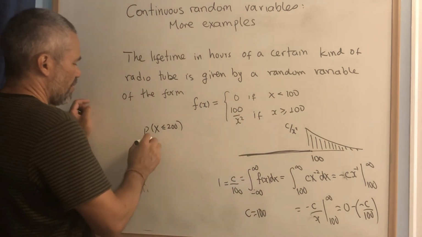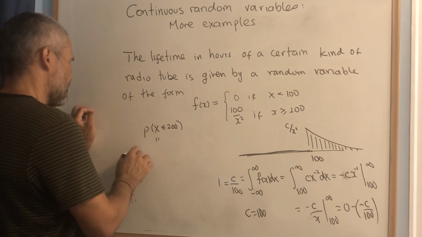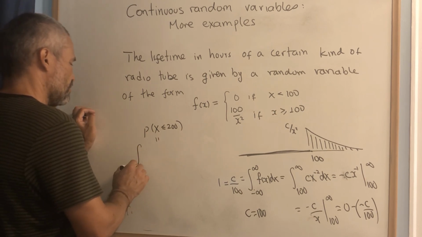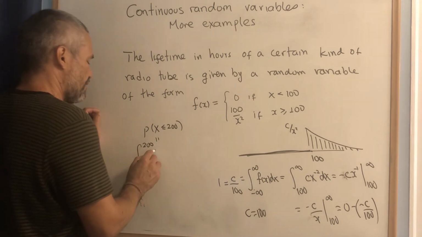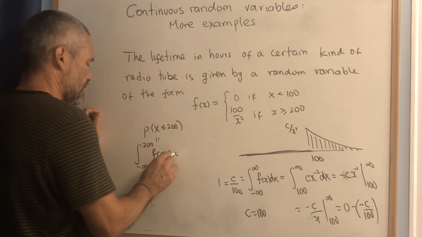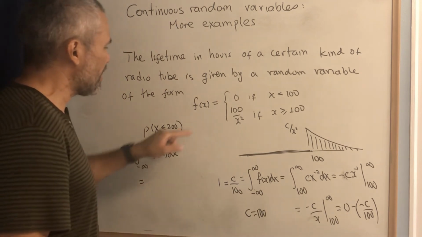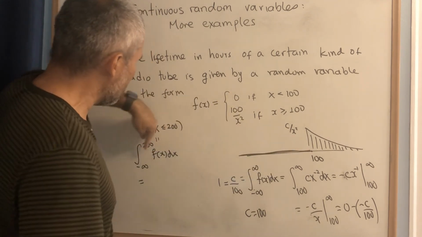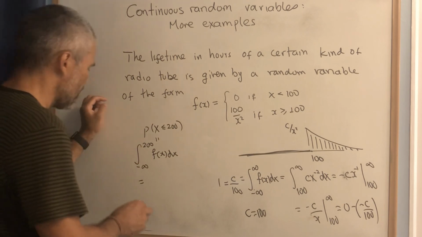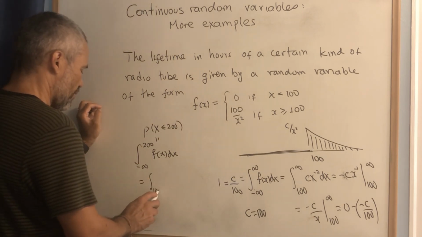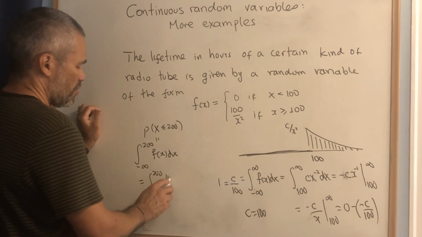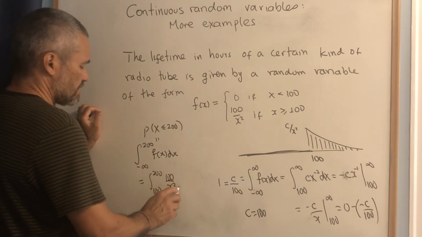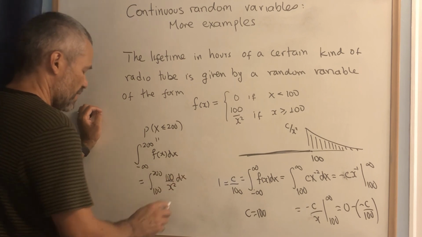Now, this probability is just the integral from negative infinity to 200 of the density function f of x dx. But by the way this function is defined, the integral up to 100 is 0, and then this will be just the integral from 100 to 200 of 100 over x squared dx.